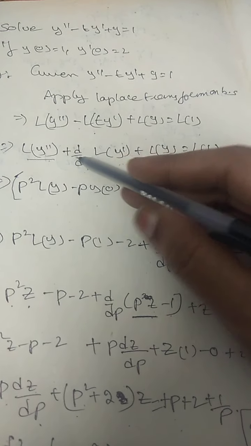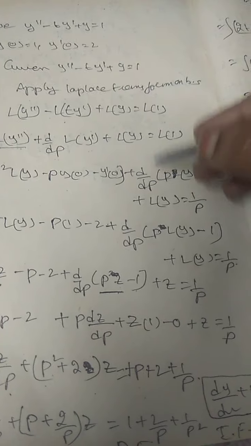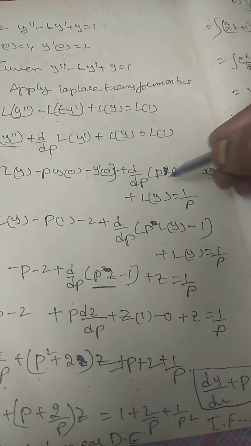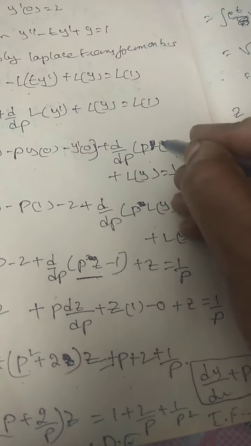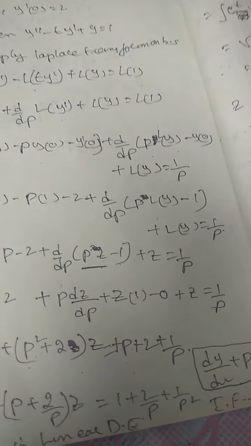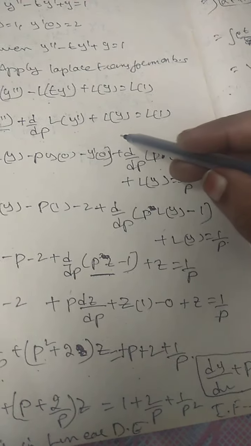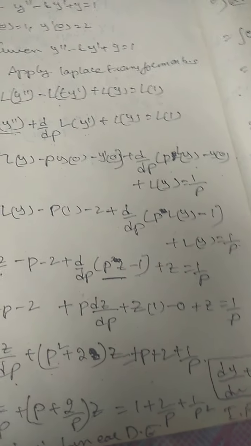Here minus into minus is plus. So Laplace of y dash value is p into Laplace of y minus y of 0, plus Laplace of y, that equals Laplace of 0.